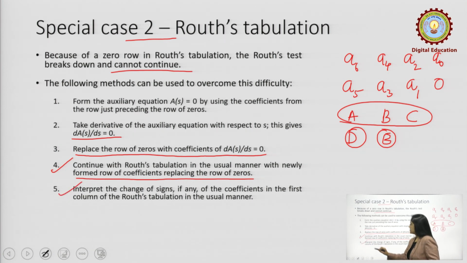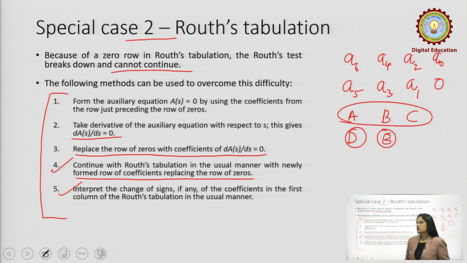Next, interpret the change of signs, if any, of the coefficients in the first column of the Routh tabulation in the usual manner. So, this is how we can overcome the difficulty if the entire row has 0 values.